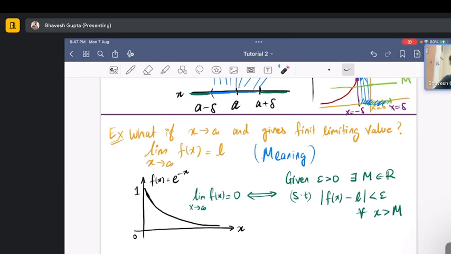You will also see the presence of the exponential there. So exponential functions are very important if you want to study the behavior of natural sciences. Exponential plays an important role. So what we see is, if I consider f(x) equal to e to the power minus x, and I want to understand what happens when x goes to infinity, you can see over here, this is what I'm talking about.